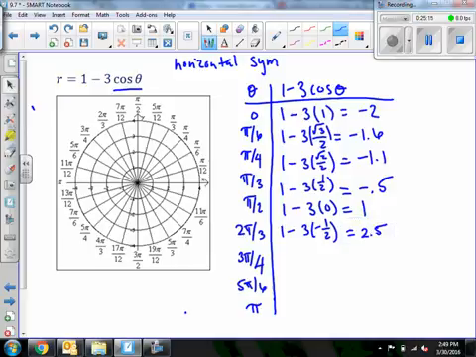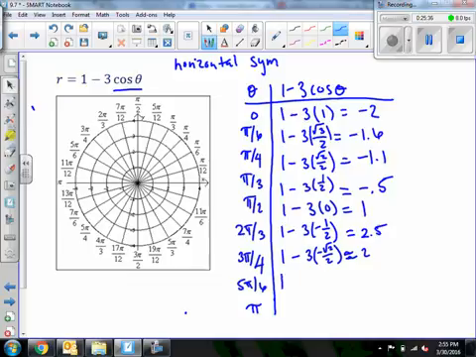Plugging in here, we have 1 minus 3 times negative radical 2 over 2, which I can't remember off the top of my head, is somewhere close to 2. We'll show it on the symmetry here.